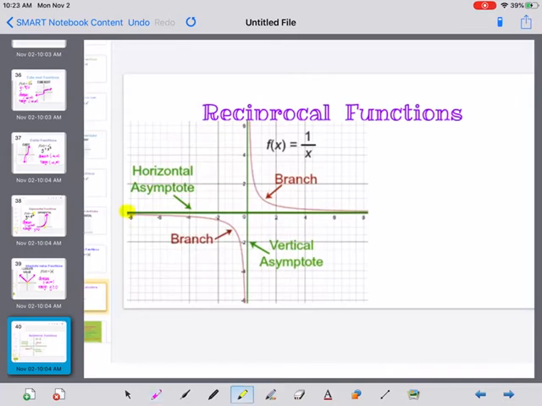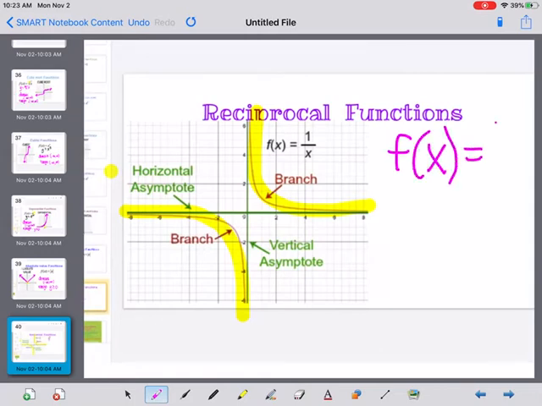So you notice you have two lines and they're going the opposite directions. We learned about horizontal and vertical asymptotes where it almost touches that line, but it doesn't quite touch it. And you notice that your function is written like a fraction. f of x equals 1 over x.